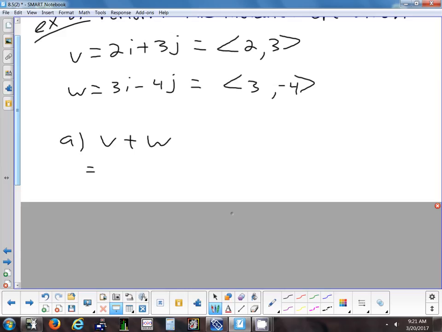Okay, so Curtis, what would I get here if I combine my horizontal components? And let's do it the new way with i's and j's. You would get 5i. Yep, we're going to get 5i. And what about the vertical component? Would it be 1j?